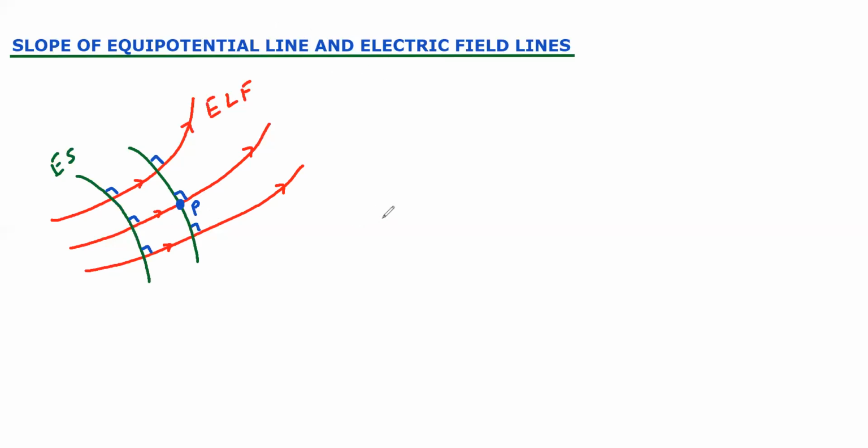The electric field line is like this, and the equipotential surface is like this. Now, if I draw the tangent to the electric field line at point P, you can see that it is this one right here.